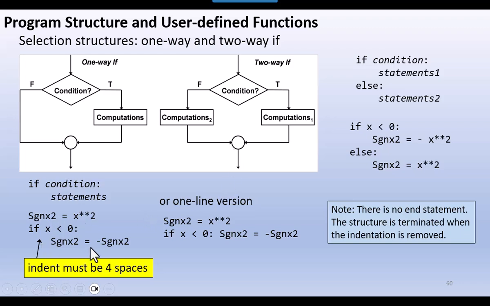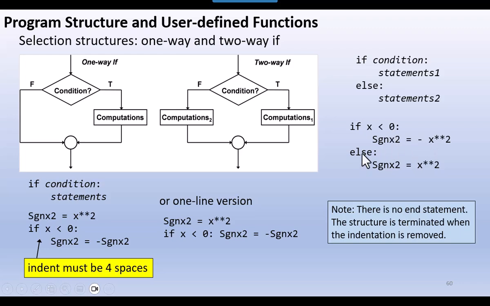So this is the first structure that we used, the one-way if with the true alternate on a separate line. And then we condense that into a one-line if here. And then for our two-way if, we used an if with a condition, and then we used an else.